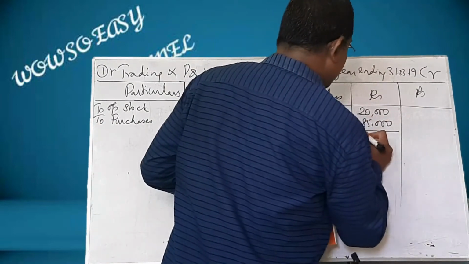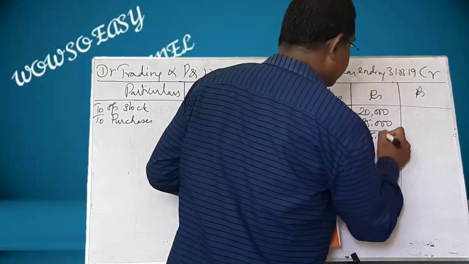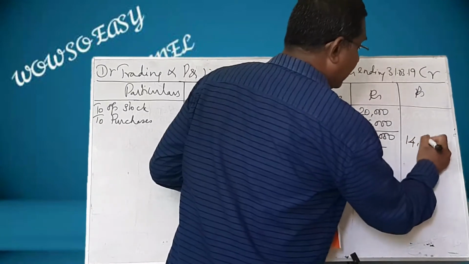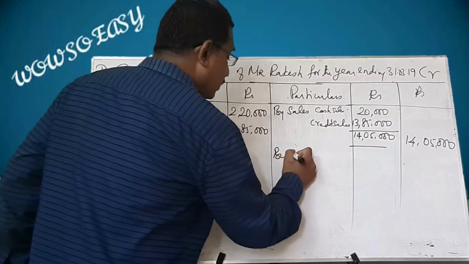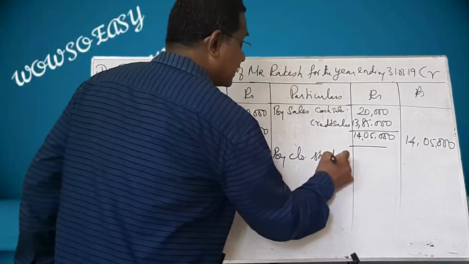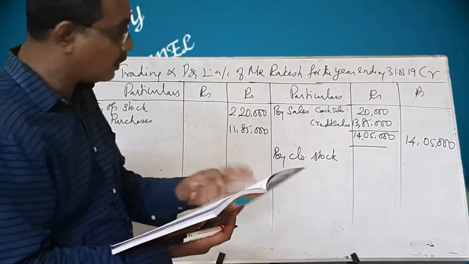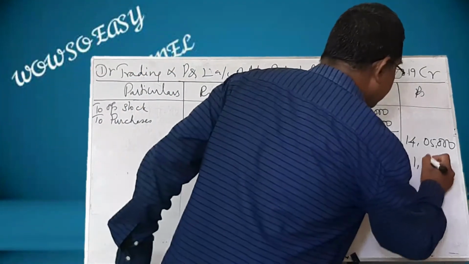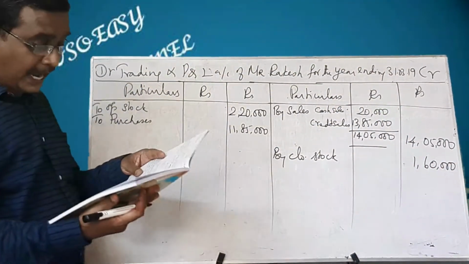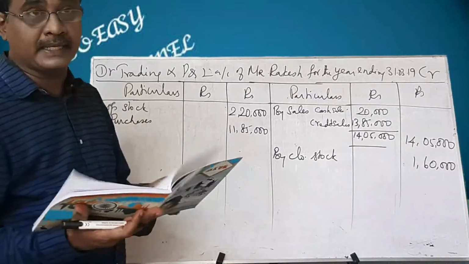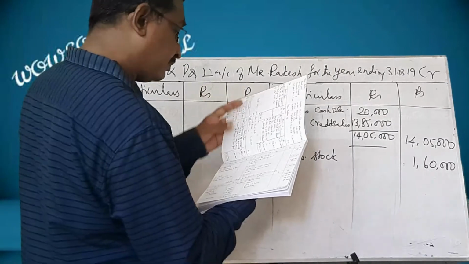The total comes to 14 lakh 5,000. And go for finding out the closing stock. You can look at the sum and find out the closing stock. Closing stock is given as 1,60,000. There are no other items given in the expenses. So we go for balancing these two.